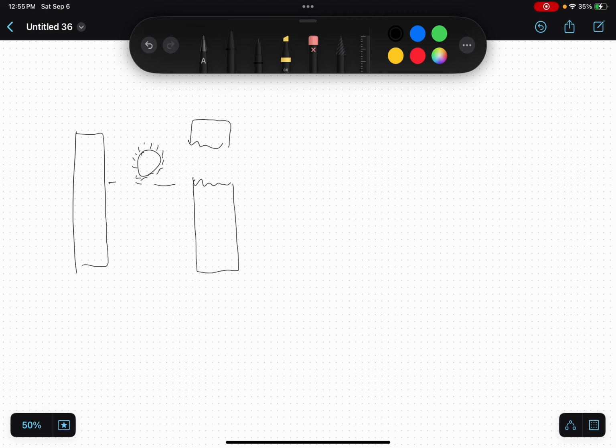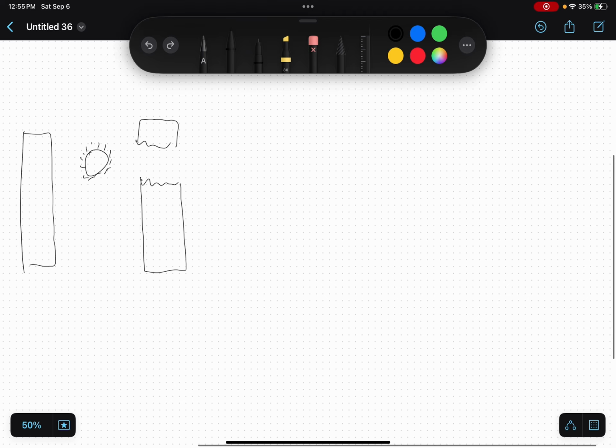So you cut it into that piece of metal. Cool. Well, no two pieces of metal are going to have the same length.